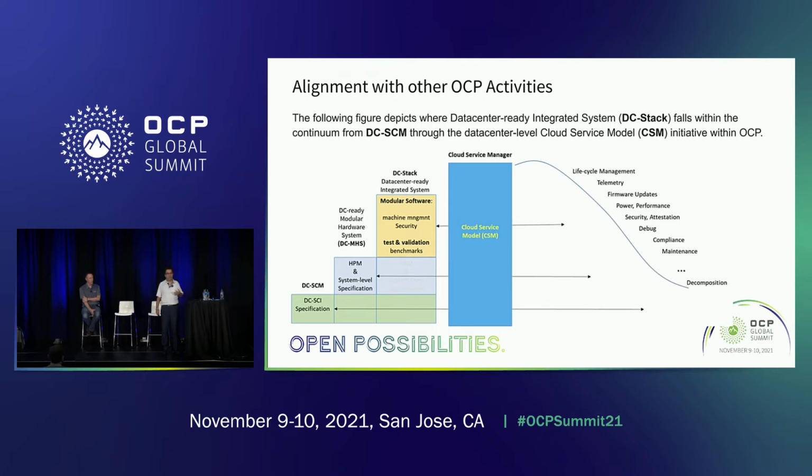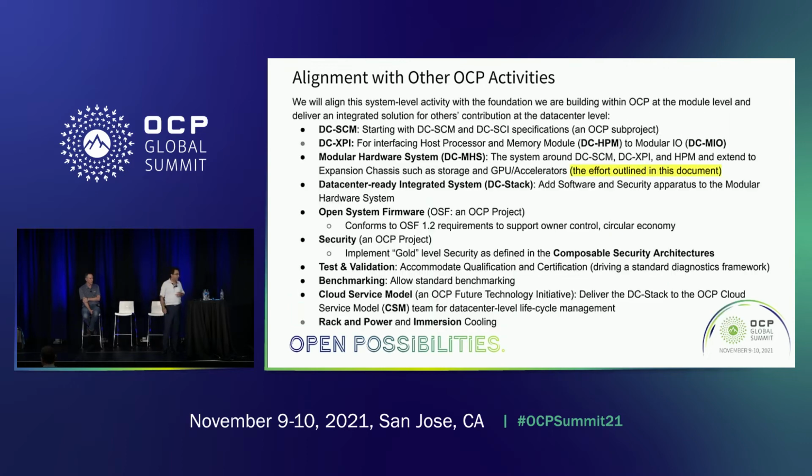Later, we will add software ingredients on top of all of that, and we call that DC-Stack. Once we're done with all of that, we will give that one to another initiative within OCP called Cloud Service Model. Those guys are defining requirements from top down, from the data center looking into these system chassis, what requirements need to be there. So hopefully we can meet in the middle and everything will work.